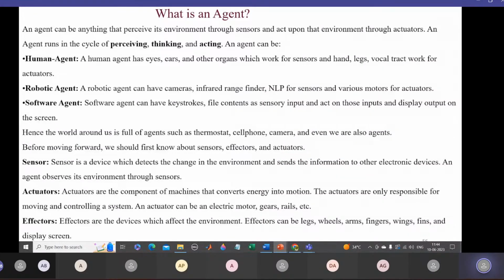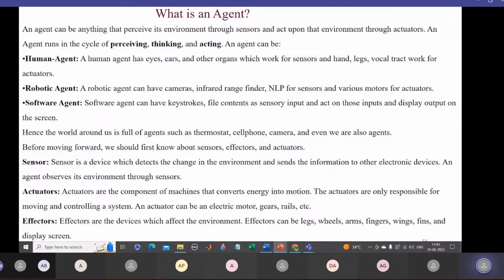The agent could be a human agent. Human beings have ears, eyes, sensory organs, and they have hands, legs, and vocal tract, so they will do the actions. Sensory organs sense, and the actuators perform the action.